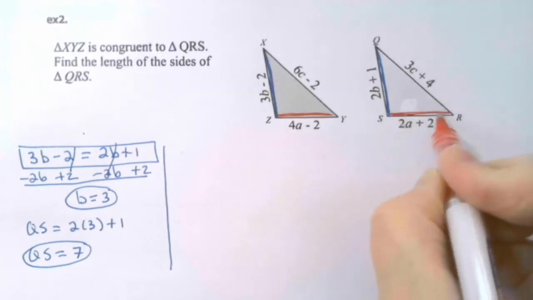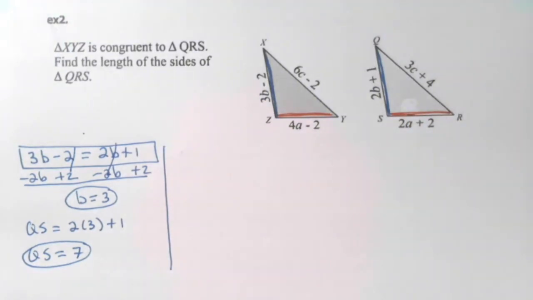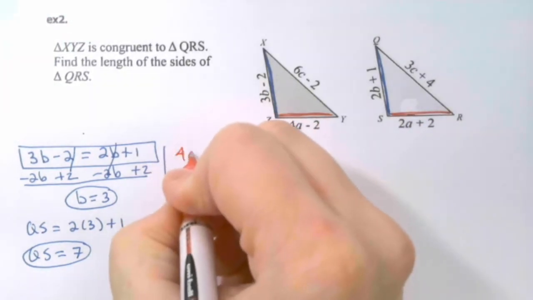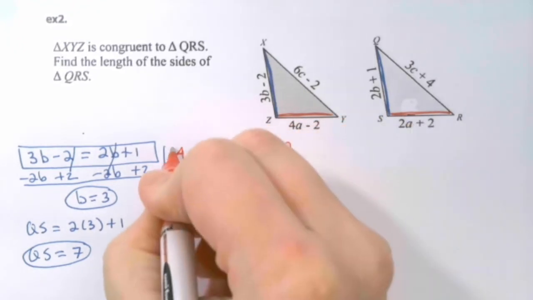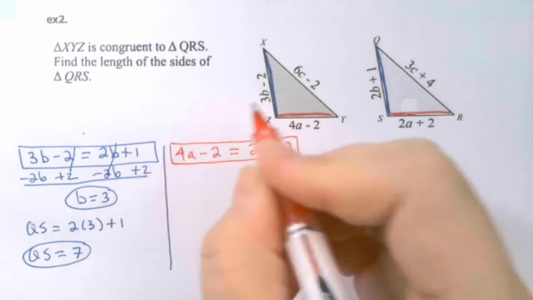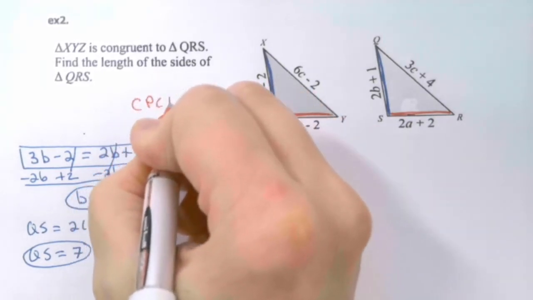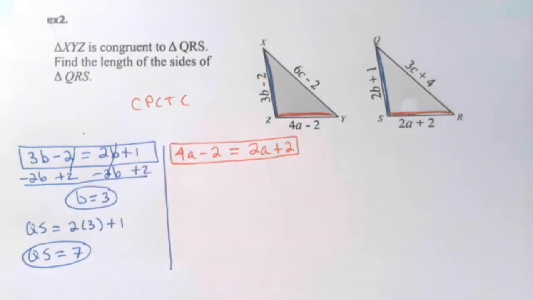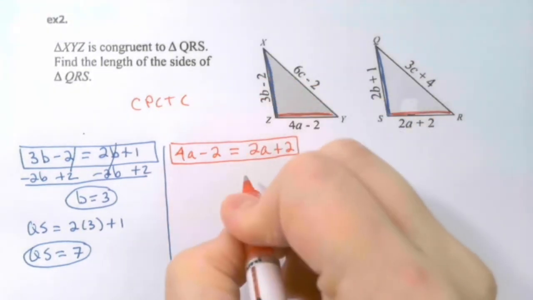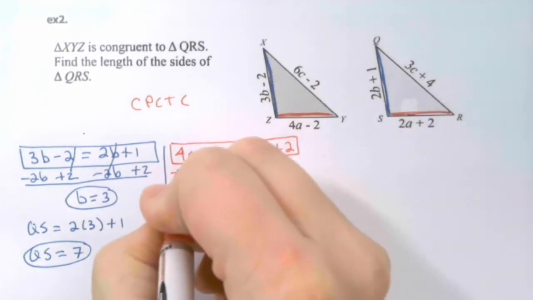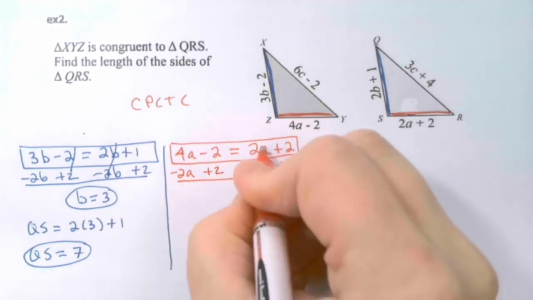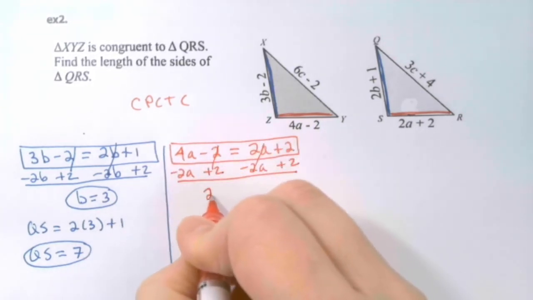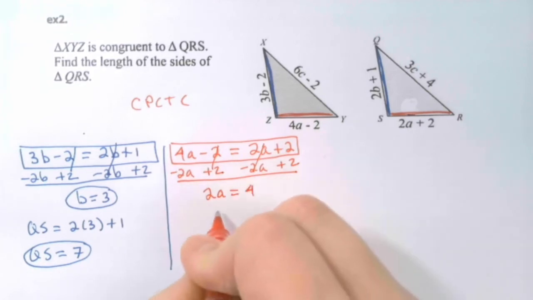ZY and SR have to be congruent to each other. So I can take 4A minus 2 and set it equal to 2A plus 2. CPCTC. Corresponding parts of congruent triangles are congruent. All right, let's solve for A. So subtract 2A over to the left, add 2 over to the right. 4 minus 2 is 2A equals 4.